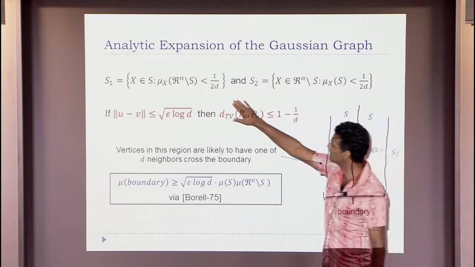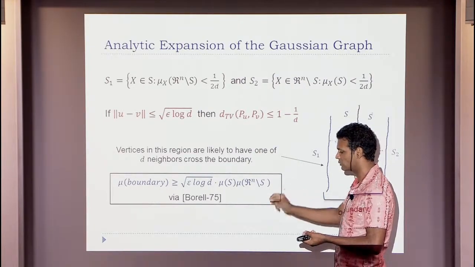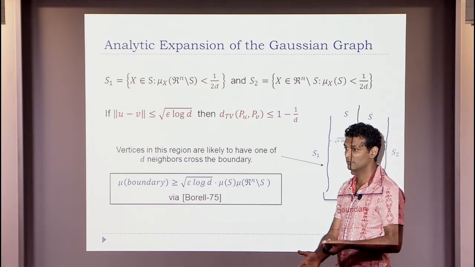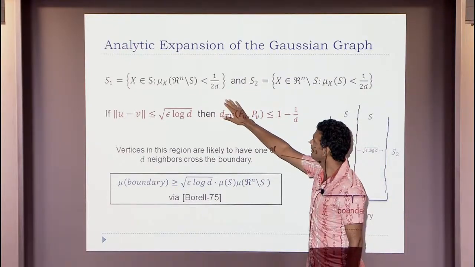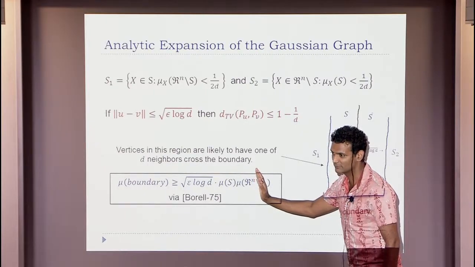So there's some threshold here, and I want to fix this subset so that the probability that it crosses is less than 1 over 2d. Of course, as I make this threshold smaller and smaller, this will be a smaller and smaller subset.